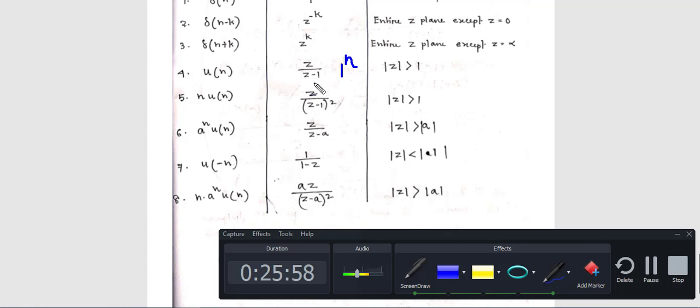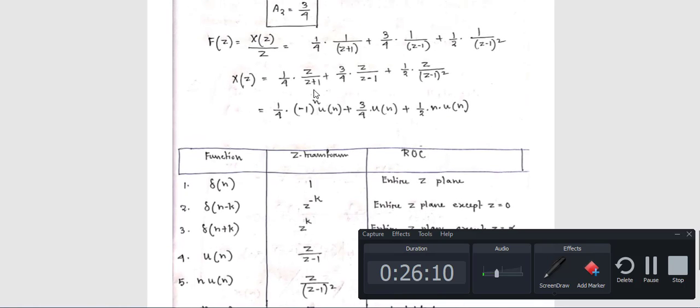But if you have z by (z plus 1), it will be (minus 1) whole to the power n. Now you have z by (z plus 1), that means your function will be (minus 1) whole to the power n. Because this is causal, multiply with u(n).